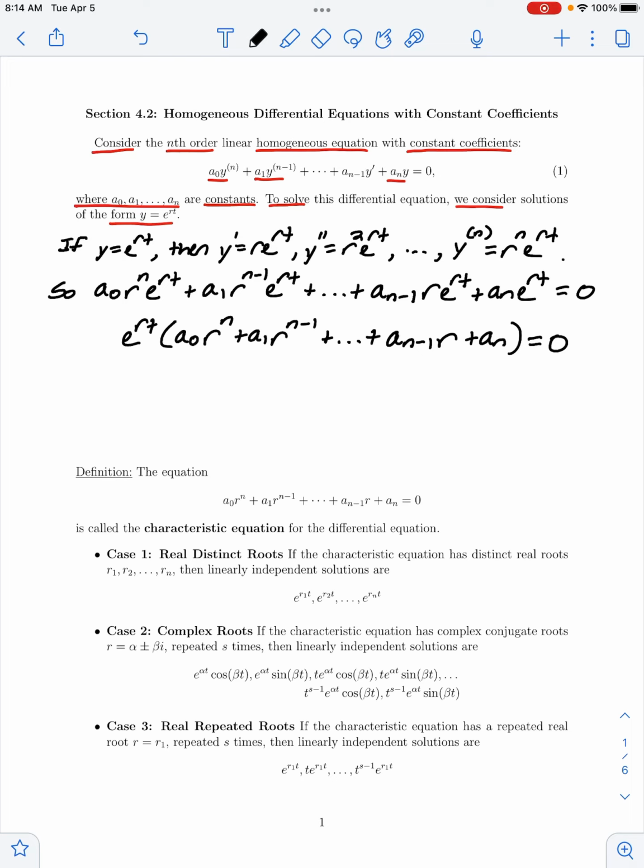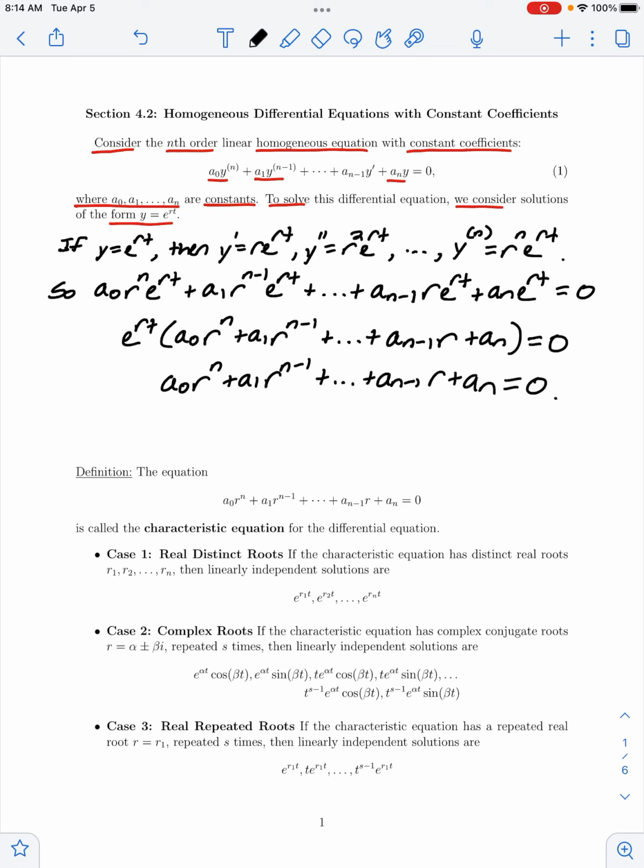And since we know the exponential term e to the rt can never equal 0, the only way this equation holds is if this polynomial in parentheses, a naught r to the n, plus a1 r to the n minus 1, and so on, is equal to 0.